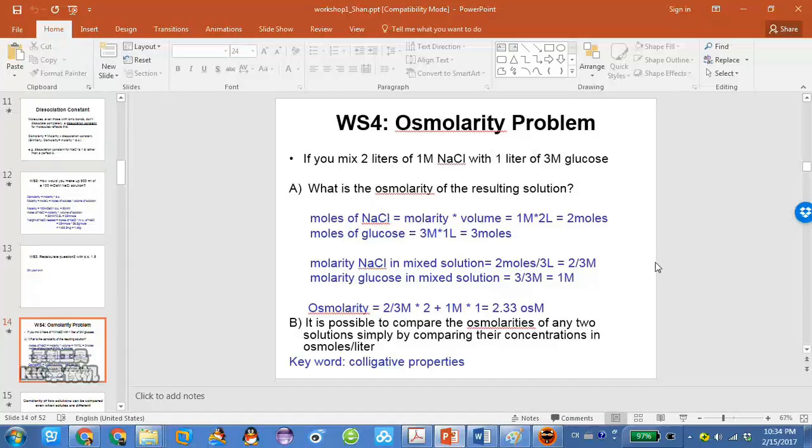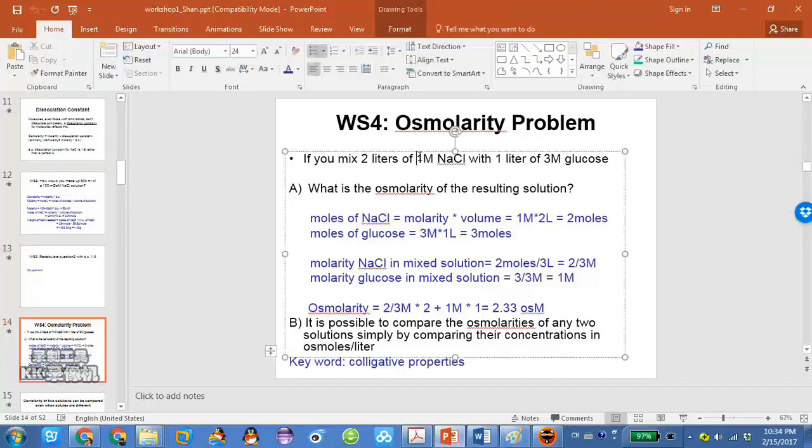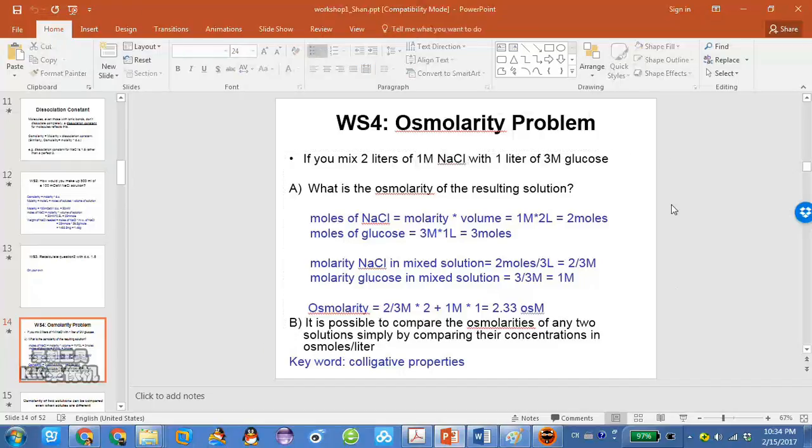When you mix them together, the total volume of the resulting solution is going to be bigger than any of the original solutions. So the molarity of each of the solutes from the original solution is going to be smaller, because when the volume becomes larger, it's a dilution for each of the components of the original solution.